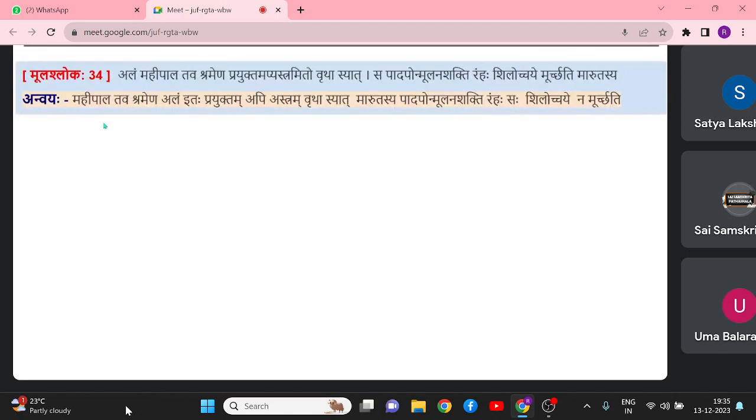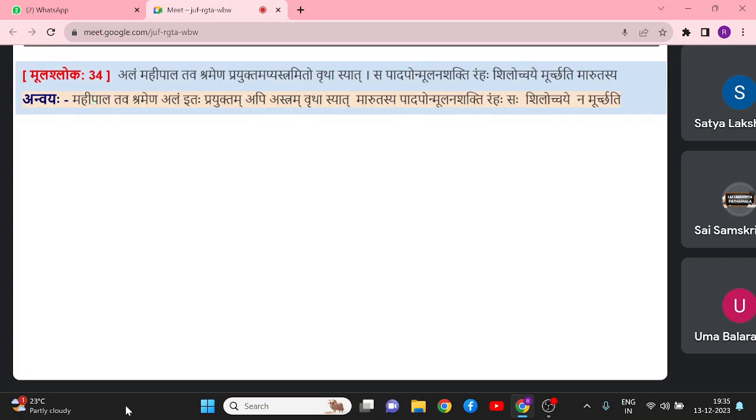So what does the lion start talking in the Manusha Vani, right? So what does it say? Mahipala tavashramena alam itaha prayuktam api astram vritha syat, Marutasya Padaponmulana Shakti Ramhaha Saha Shilochaye na Murchati. So what is he saying?